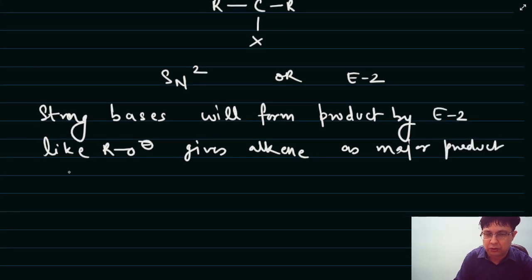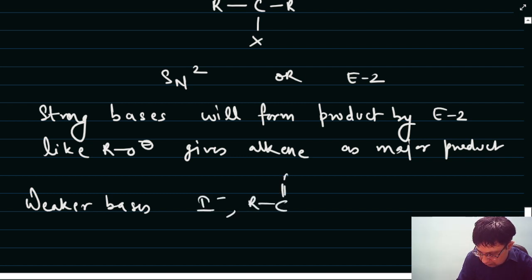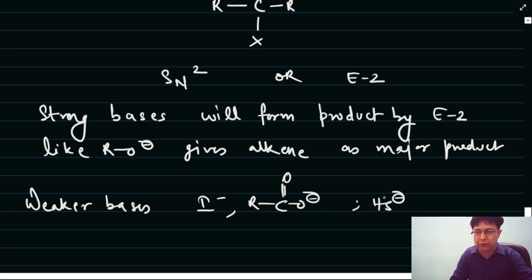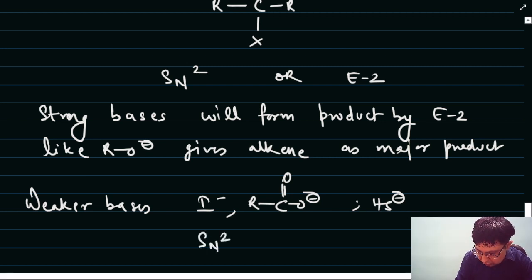ठीक है ना? So strong bases like RO minus will give alkene as a product, and the weaker bases कौन से हुए? Weaker bases like I minus, like RCOO minus, ठीक है, like HS minus, which are said to be good nucleophiles also, but they are weaker bases and they will cause the substitution to take place by SN2 mechanism.